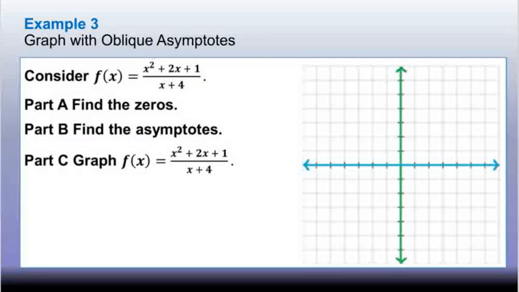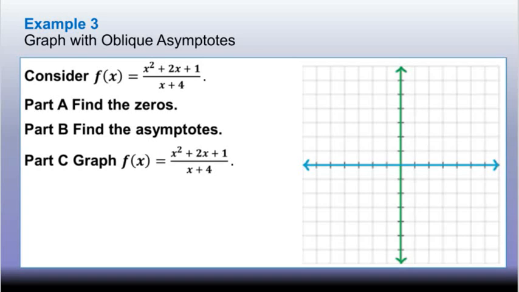So here it says, consider f of x equals x squared plus 2x plus 1 divided by x plus 4. First thing we need to do is find the zeros. To find the zeros, all you need to do is look at your numerator, and we are going to factor it.